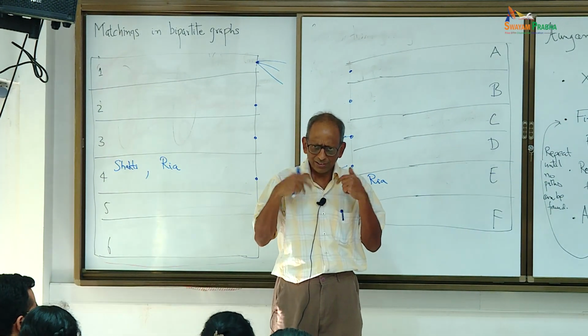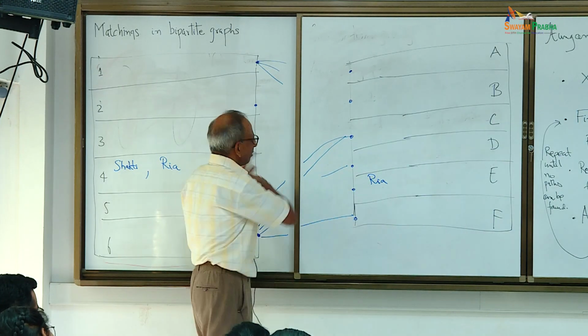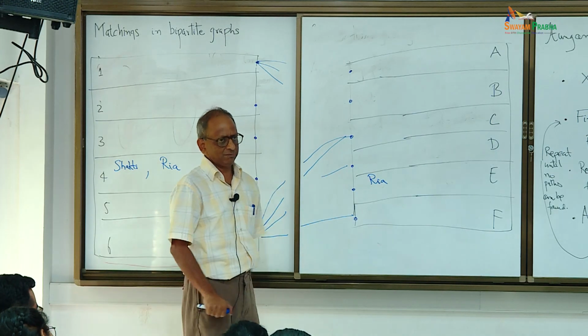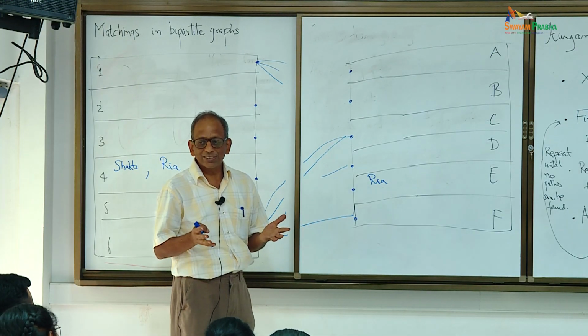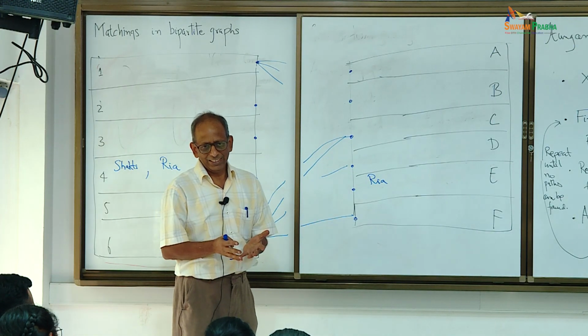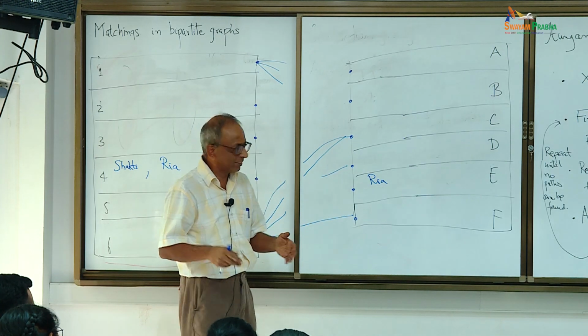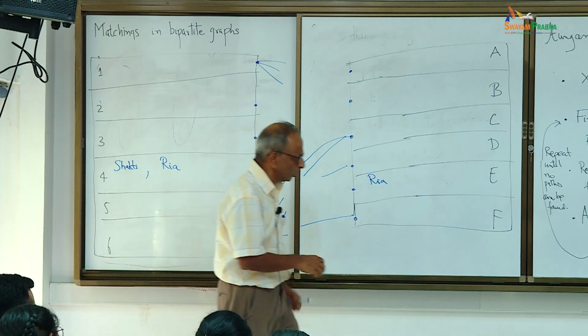So no matter how randomly you assign, this graph will always have a matching. Why? Because the minimum vertex cover size cannot be less than 6. And since maximum matching size is always equal to the minimum vertex cover size, this graph has a matching of size 6.